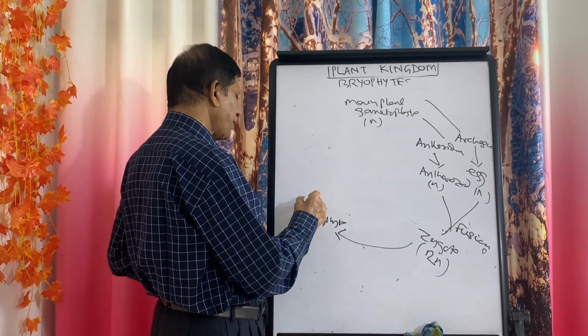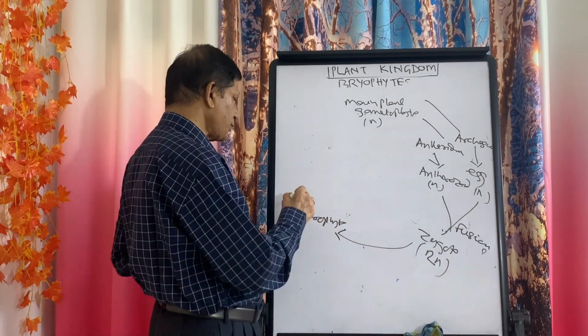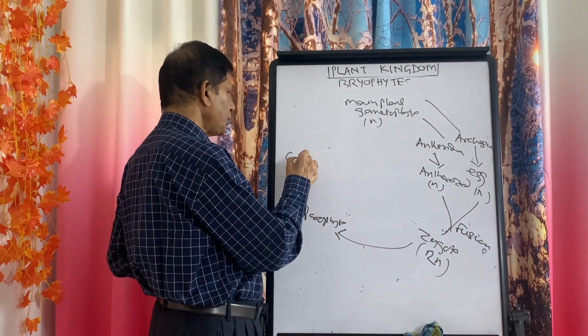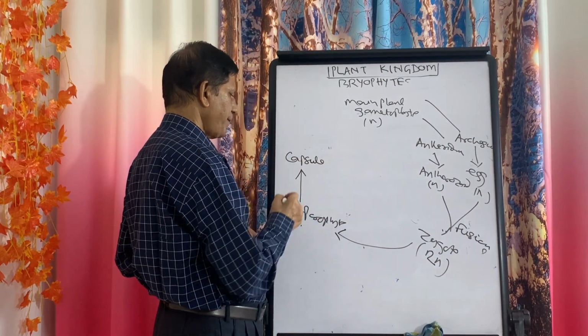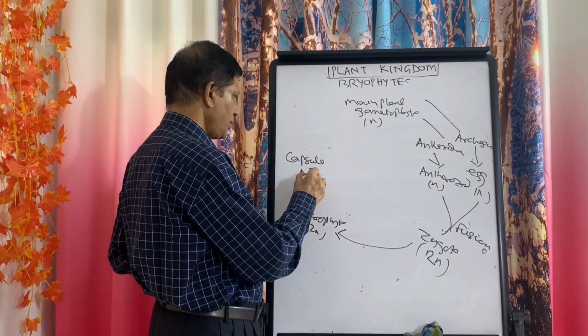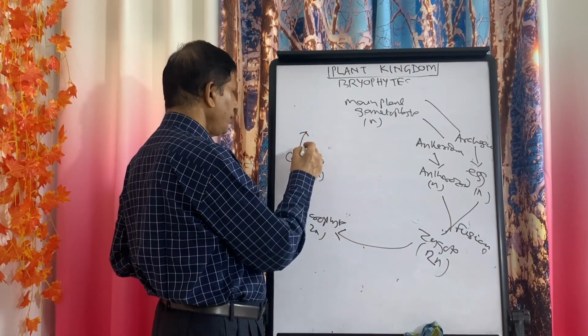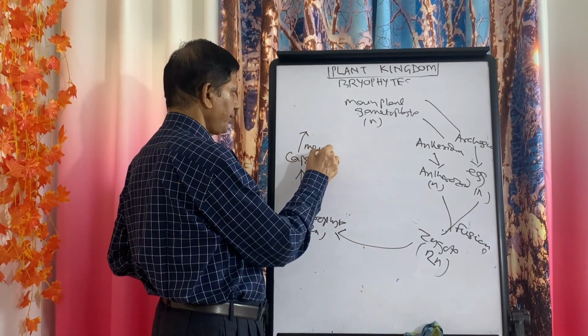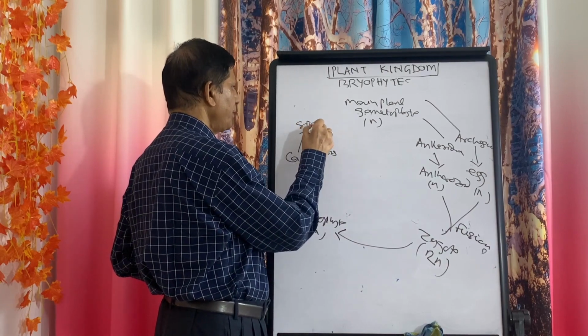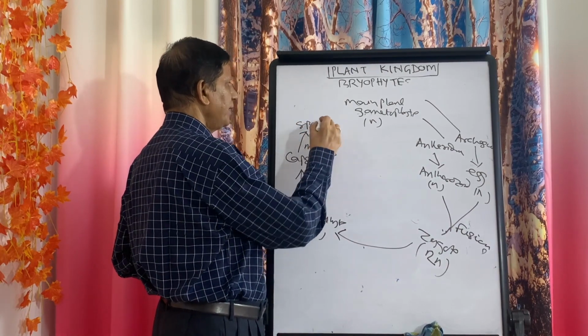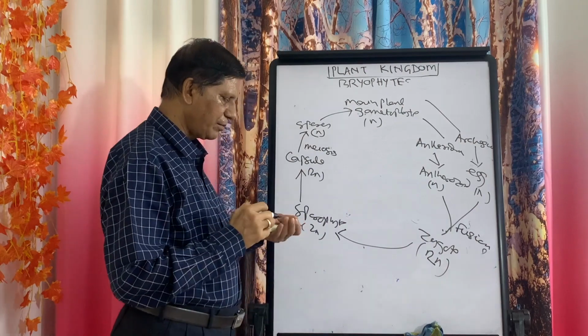Now in this sporophyte plant body there is a foot, seta, and capsule, but the capsule is the spore producing part. So this is 2n. Now in the capsule there will be meiosis, and the spores will be produced. These spores are haploid. Now these spores will germinate to give rise to the main plant body.